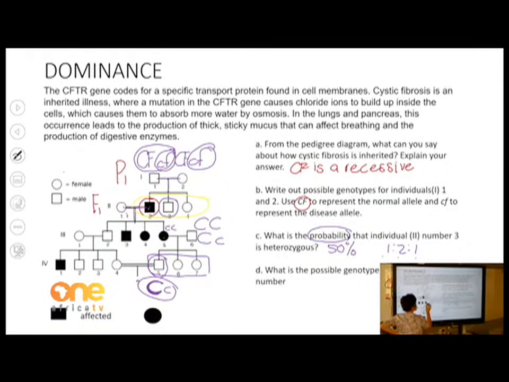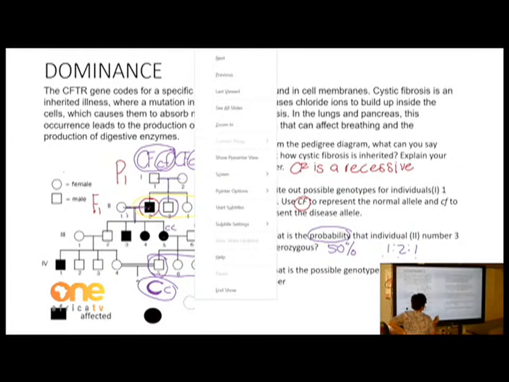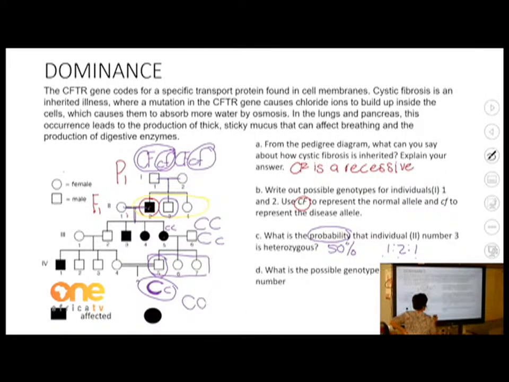But this parent has a small c, so this must be heterozygous. So we call those that look like this carriers. Now, heterozygous, where a disease is involved, are carriers. So this number 5 will be a carrier.